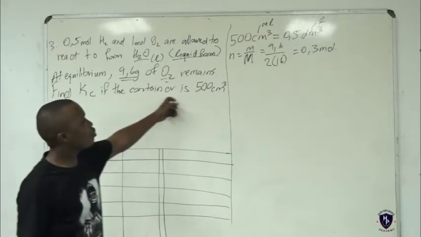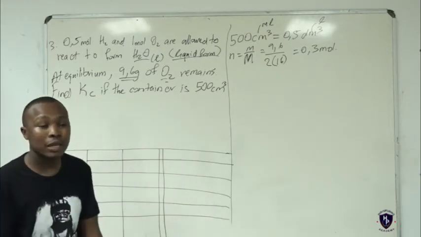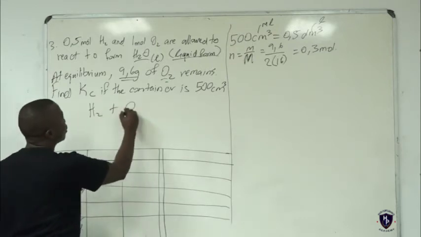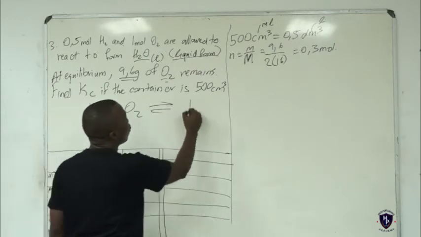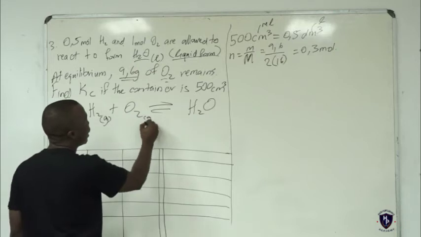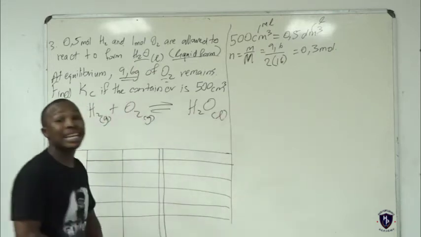Then I'm sure uyabona ukuthi manje sefanele si formulate equation yethu izobe ithini H2 plus oxygen uze formulate u-H2O. And ungakhohlwa lento le izobe in gas nale izobe in gas, but le izobe in a form of a liquid.